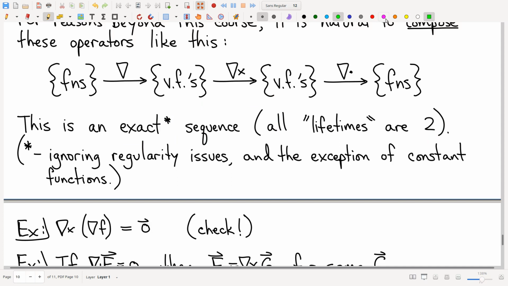If I have some function f, and I take its gradient, I get some vector field. The assertion I'm going to make here is that if I were then to take the curl of that vector field, I would get 0. And the lifetime metaphor is that 0 is kind of like death. This is a very dark metaphor, right?